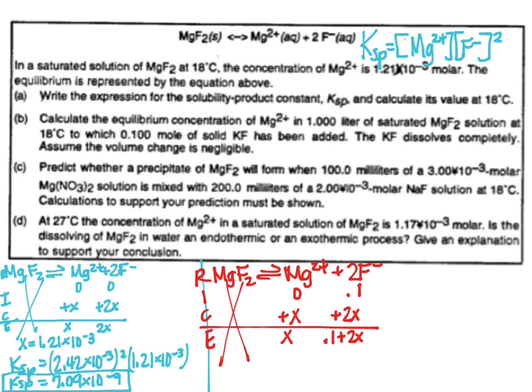So, what is our Ksp at 18 degrees Celsius? Didn't we just solve it? 7.09 times 10 to the negative 9 is equal to x times 0.1 squared. Here we're dropping the 2x, so I have that times 0.1.